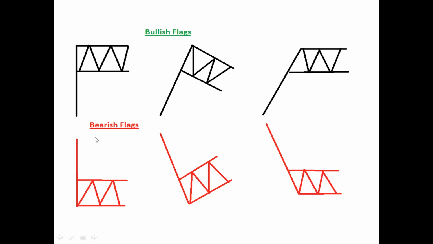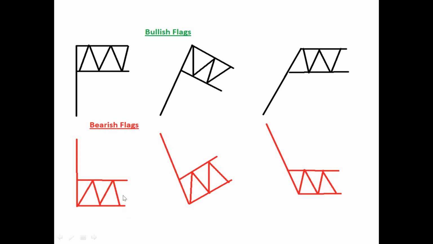Now in a bearish flag, we have a sudden impulse down move, and then the market goes into consolidation, and then we have a breakout here. We enter on the short side. After breaking this line, we enter short, with the target of this length on this side, right?